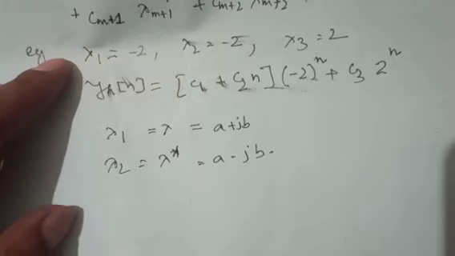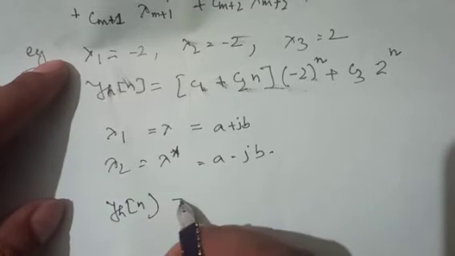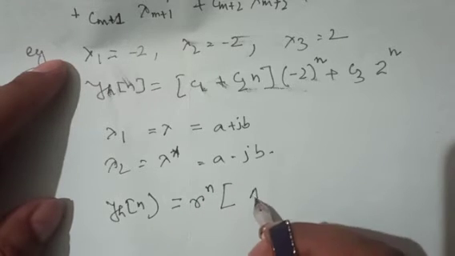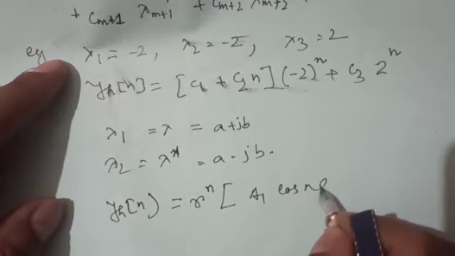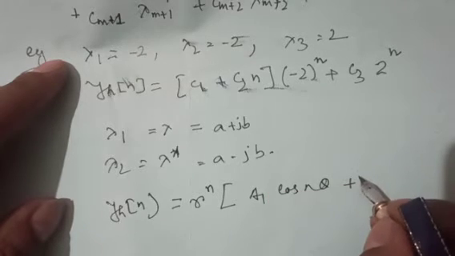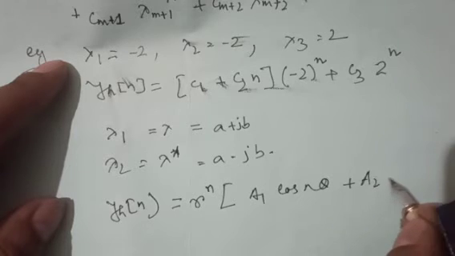Then the homogeneous solution, yh of n, will be r to the power n, a1 cos of n theta, because it is in terms of the complex, plus a2 sin of n theta.